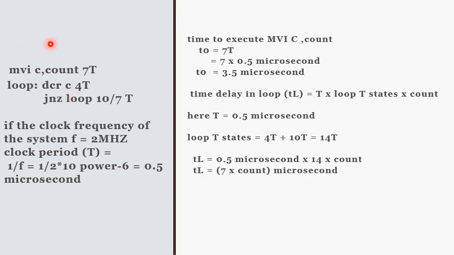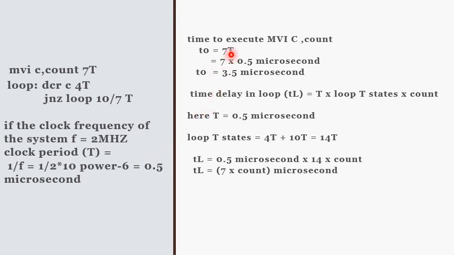Now we have already seen that move immediate C has 7 T states, decrement C has 4 T states, and jump on no zero to the loop has 10 or 7 T states. Then we have assumed that the clock frequency is equal to 2 megahertz, and the clock period is 0.5 microseconds.